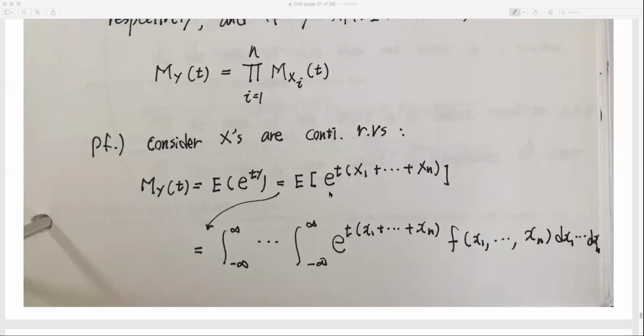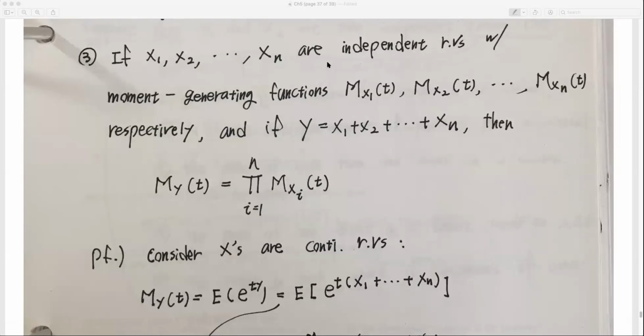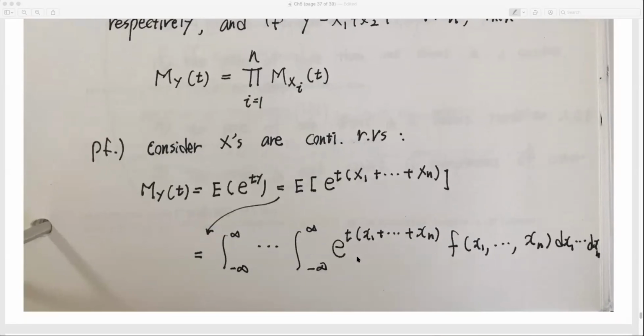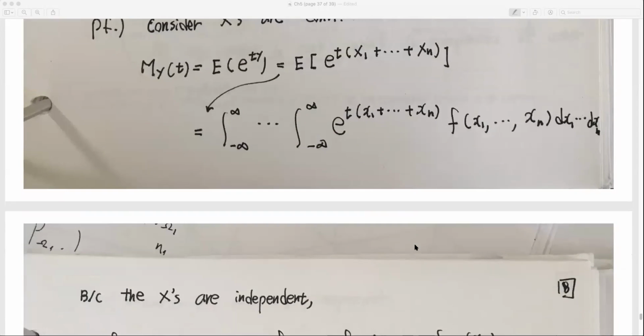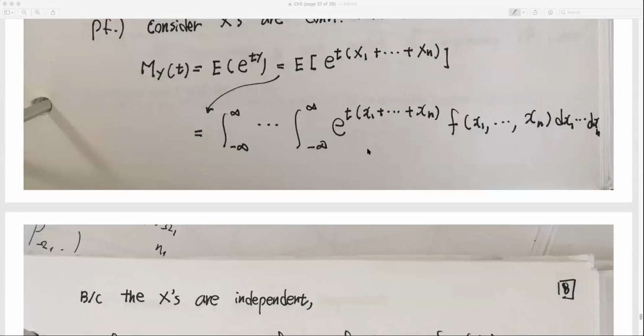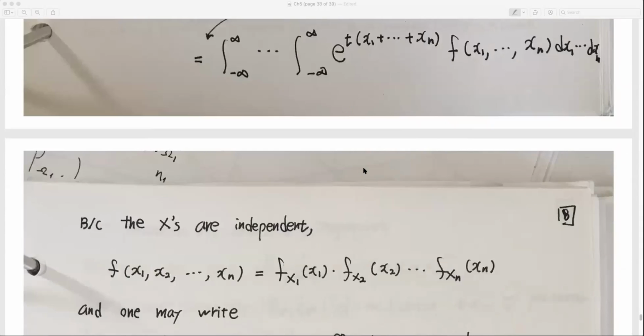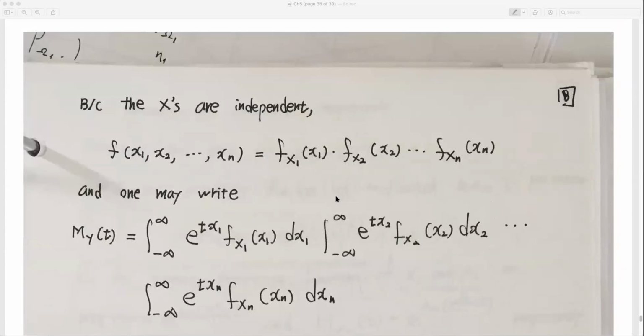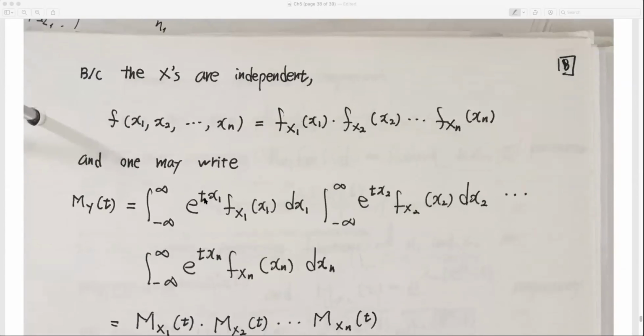Also, since X1 through Xn are independent, e to the t times the linear combination of the Xi can be separated, so that multiple integral can be completely separated into a product of the integrals, the integral of each random variable X1, X2, X3 through Xn.